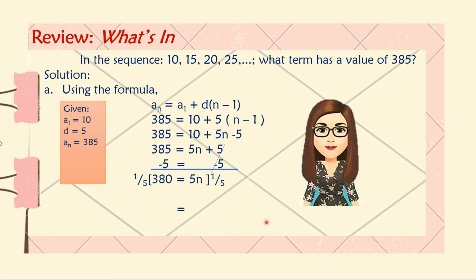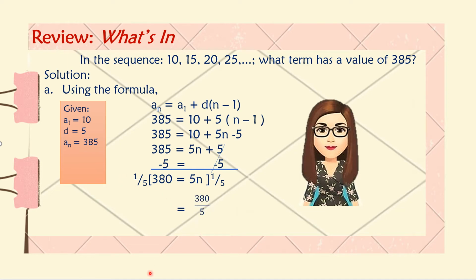So, ano nang next na gagawin natin dyan? Since we're looking for the value of n, kunin natin yung reciprocal ng 5n, which is 1 over 5, yung kabaligtaran niya. Then, multiply both sides by 1 over 5.